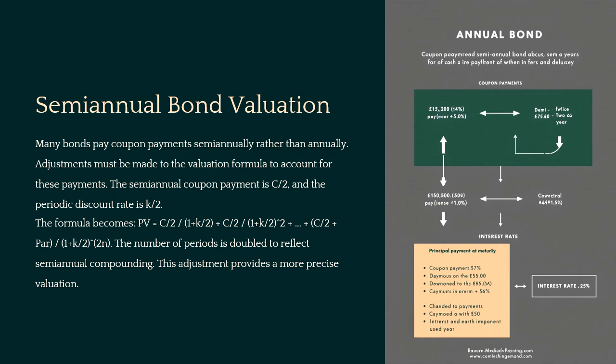If I refer to my previous example, the timeline will be, remember our first one, 1, 2, 3. So it said that the coupon is 5% annually. So if it is semi-annual bond valuation, it means that the coupon will be given per semester.